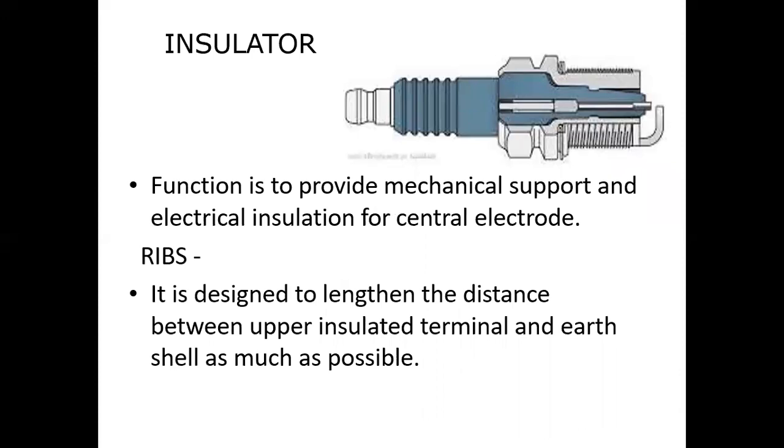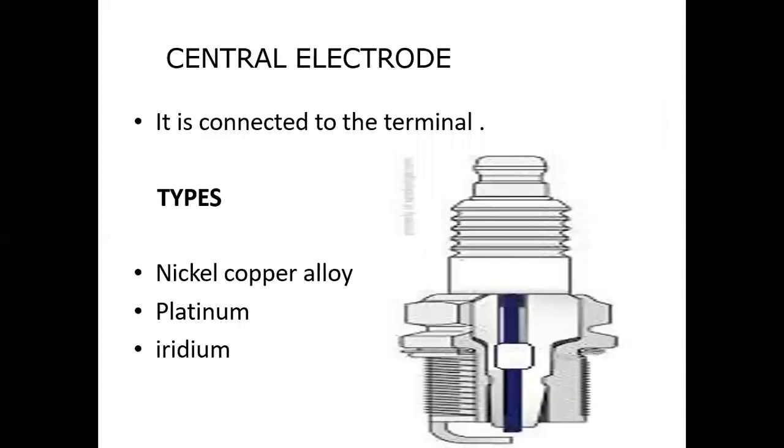Insulator. The insulator provides mechanical support and electrical insulation for the central electrode. It is designed to lengthen the distance between the upper insulated terminal and the earth shell as much as possible. The central electrode is connected to the terminal.